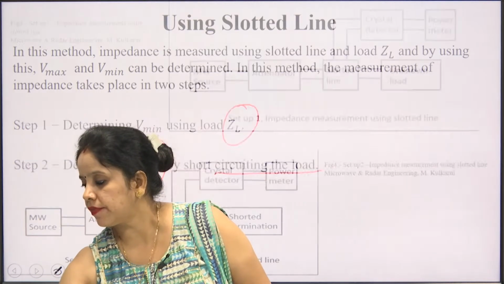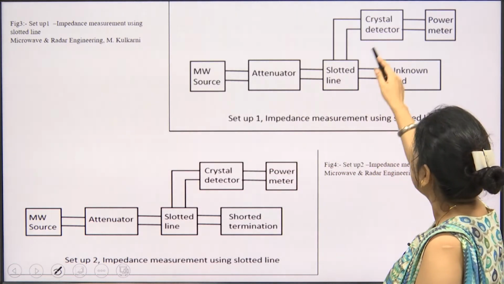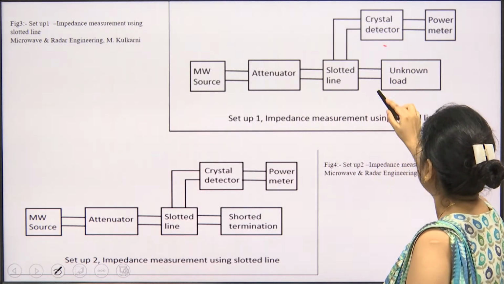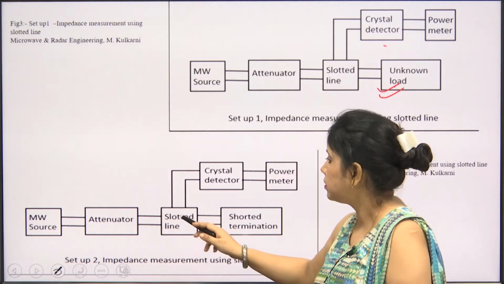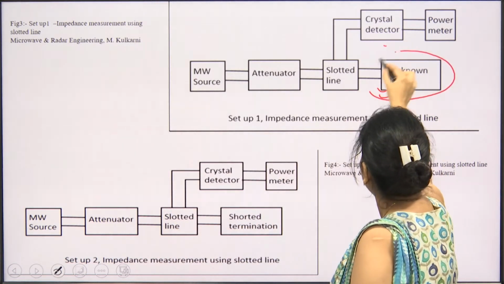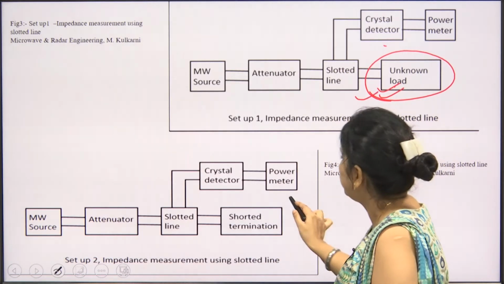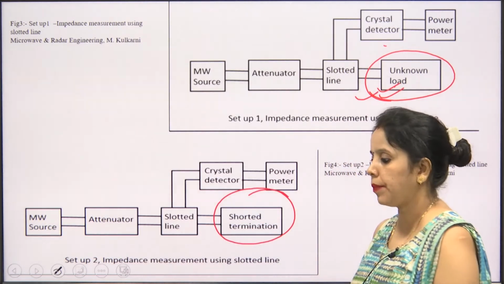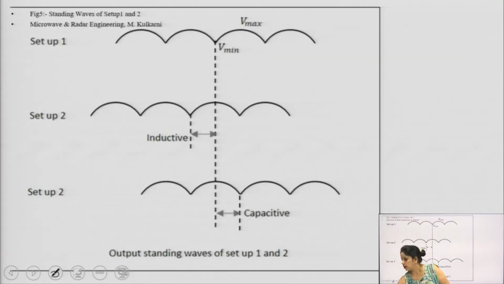So, the arrangement of the setup should be like this: microwave source, attenuator, slotted line, crystal detector, power meter, unknown load. In the second setup of the measurement, we are replacing this unknown load with the shorted termination. So, now we are getting this type of load.